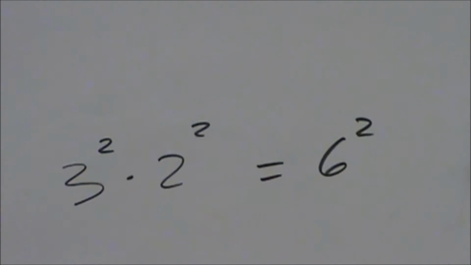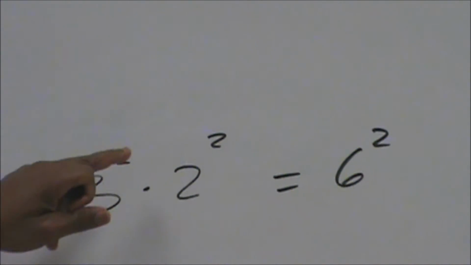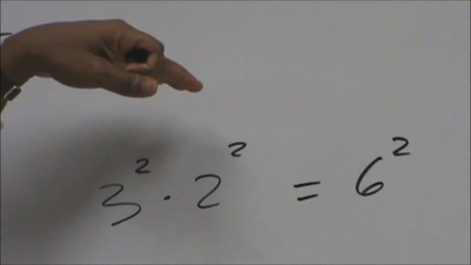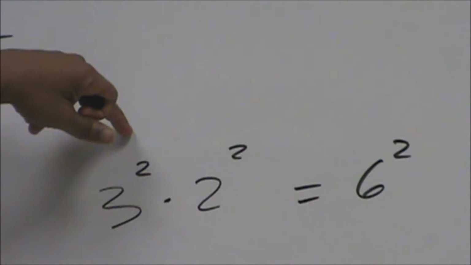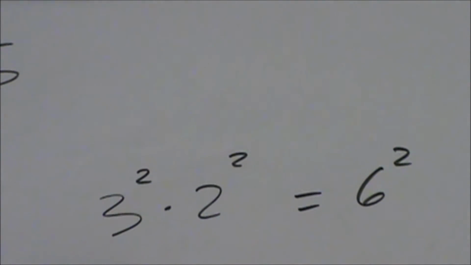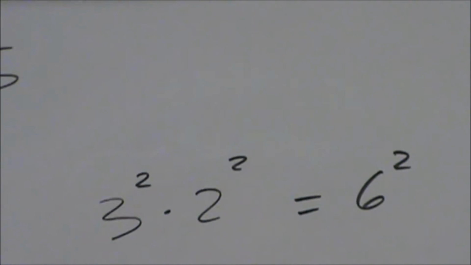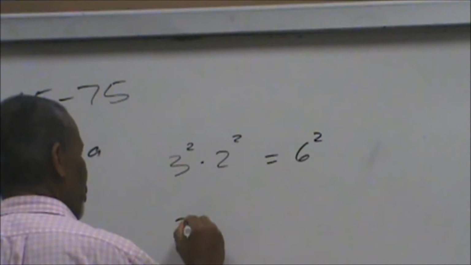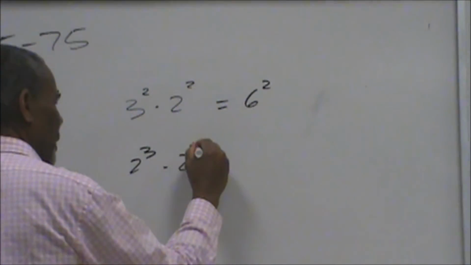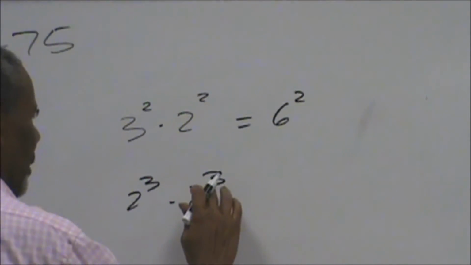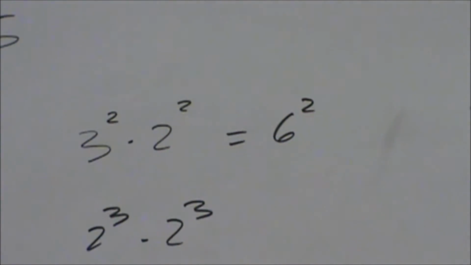So the only way you can multiply the bases is if you have the same exponent, then you can multiply the bases and keep the exponent. Now, if you have the same base, so you have 2 to the 3 times 2 to the 3, you can do this two ways.